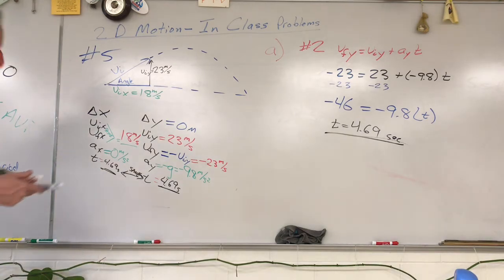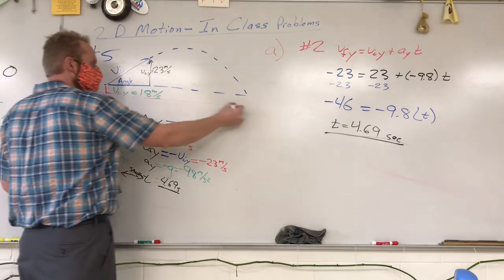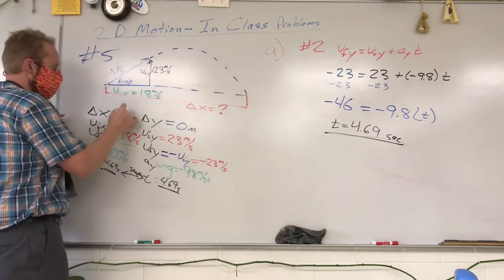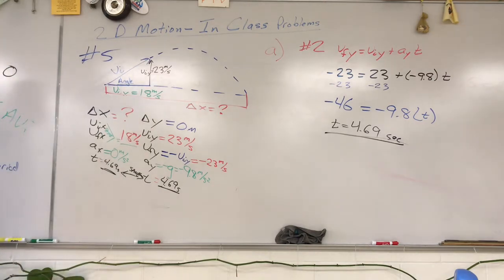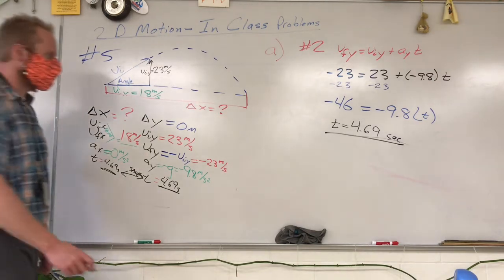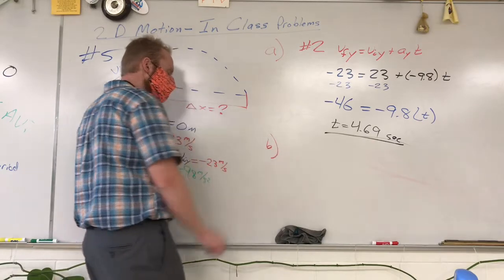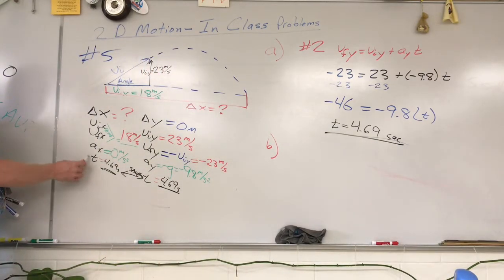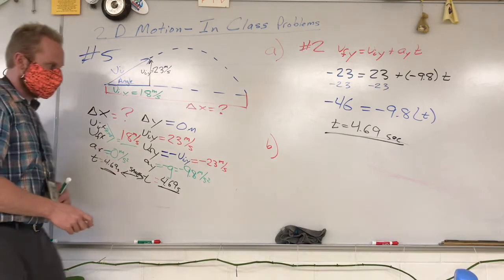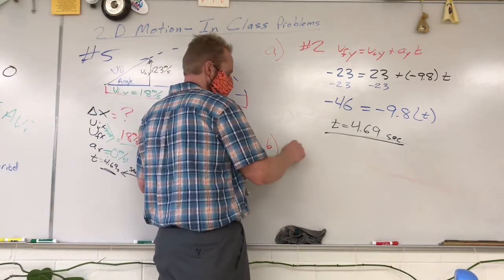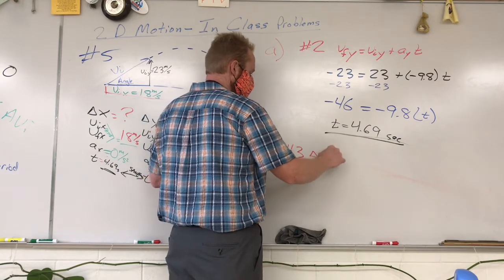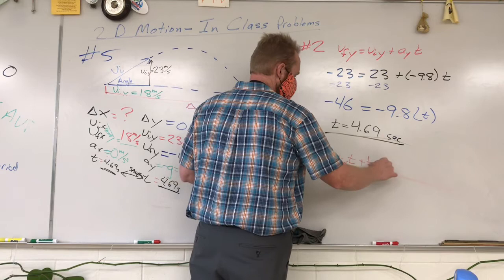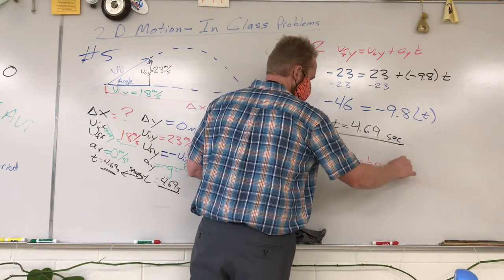Part B, how far? So for question B, now we're saying how far does this arrow travel? What is my delta x? So for part B, we're talking about the x direction. In the x direction, because this is equal to 0, equation number 3 is kind of the go-to. Number 3 says delta x is equal to VIX times t plus 1/2 AX times t squared.